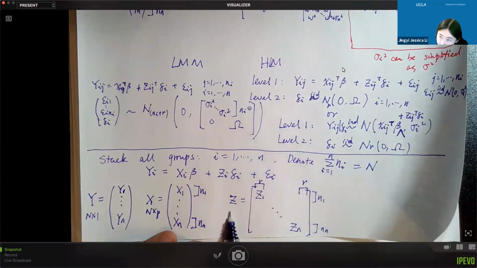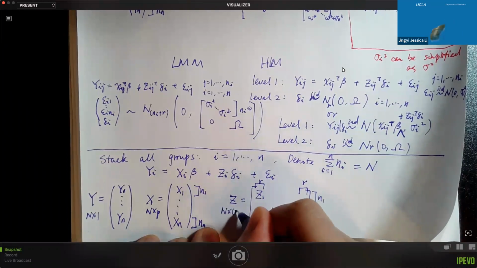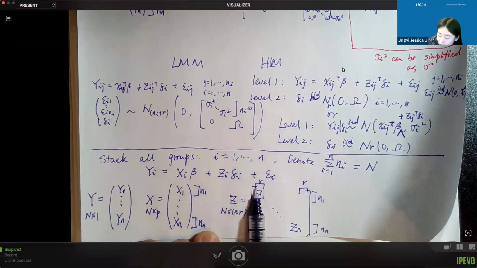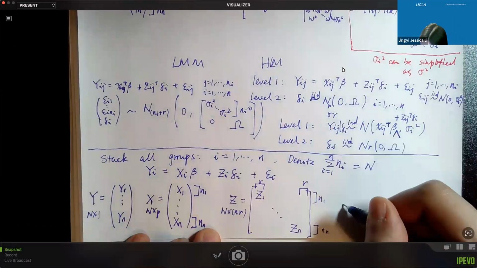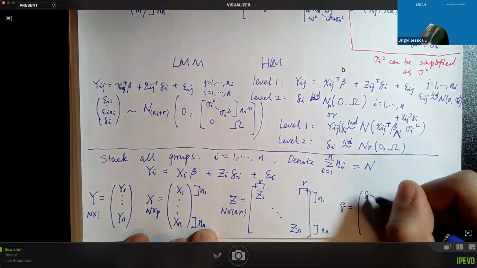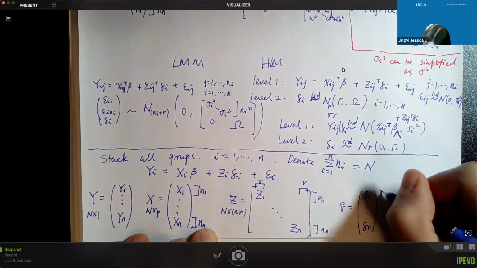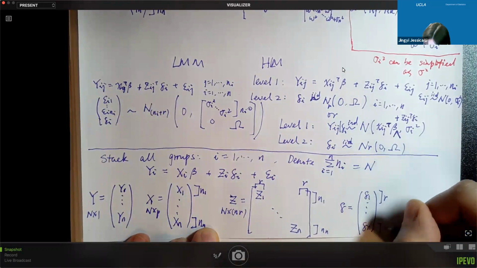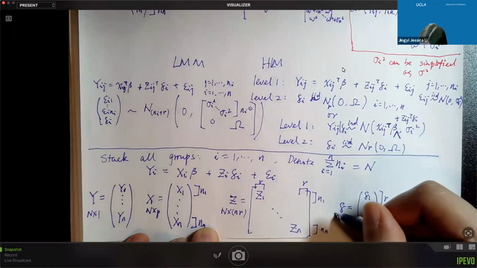So in total, the dimension of Z will be capital N times NR, because the R columns are going to appear N times. And then the delta would be delta 1 to delta N. So this will give me R entries, this will give me R entries. So the total is NR by 1.